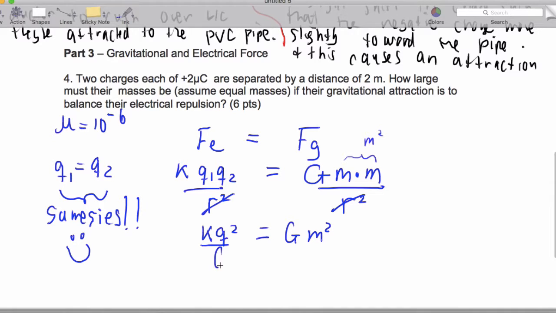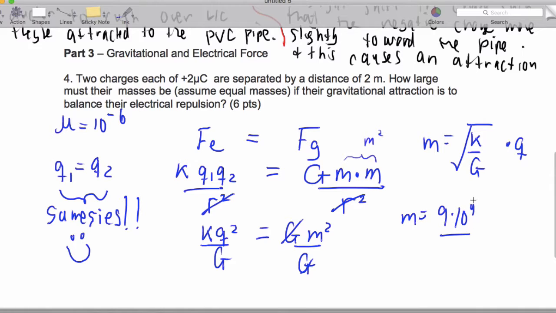I'm going to divide both sides by G. And so I can actually get m equal to the square root of K over G times Q. Let's go ahead and do that now. So the mass will be 9 times 10 to the 9th divided by 6.67 times 10 to the -11th, all under square root.